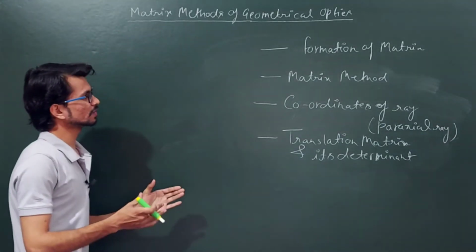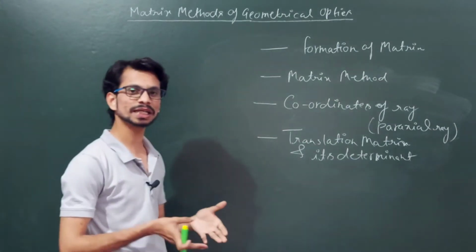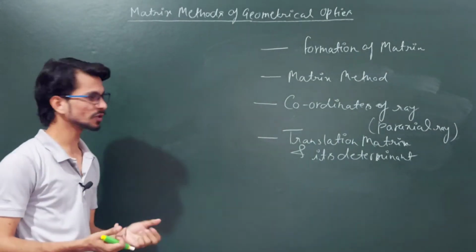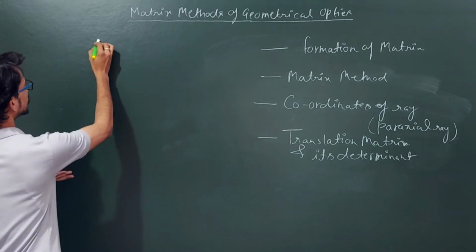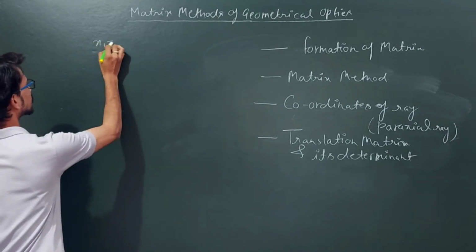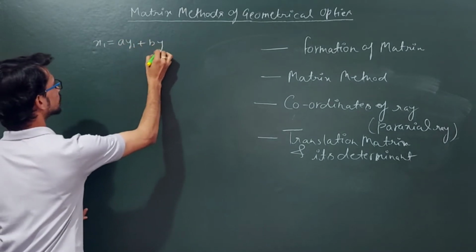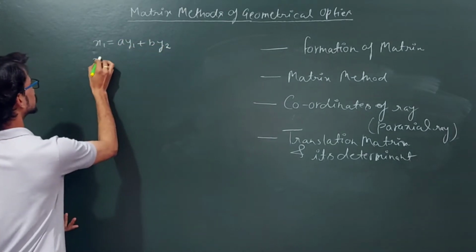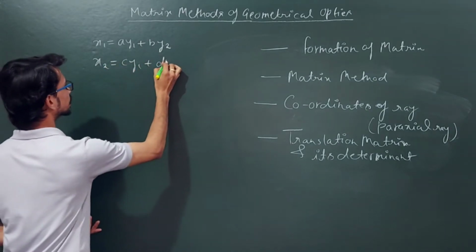So let us first know how we can form a matrix if we are given some linear equations. Let us assume the equations, let's say x1 equals a y1 plus b y2, and x2 equals c y1 plus d y2.